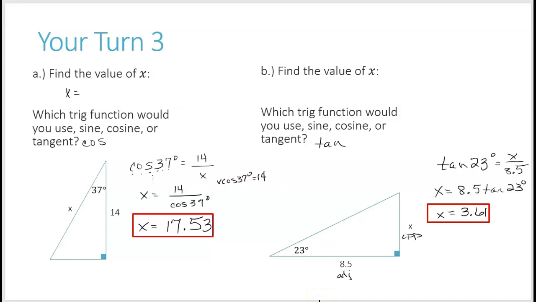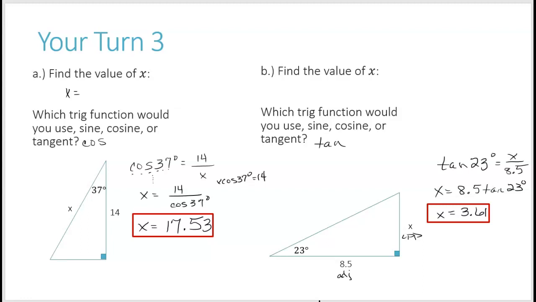Also keep in mind, as you're doing these, if you know that you are in degrees, and your answer is off by just a little bit, you know, 100th here or there or something like that, then that means you are probably rounding. Like on part B, you may have punched in tangent of 23 and rounded that first, then multiplied it by 8.5, and that will in fact throw off your answers just a little bit.